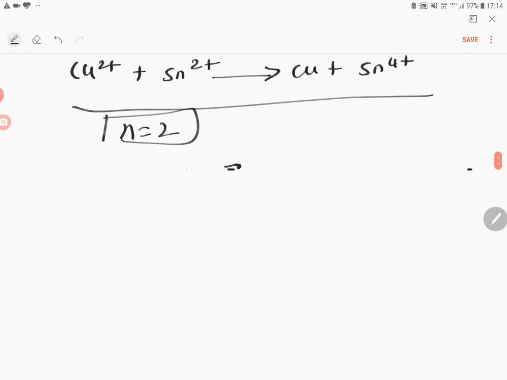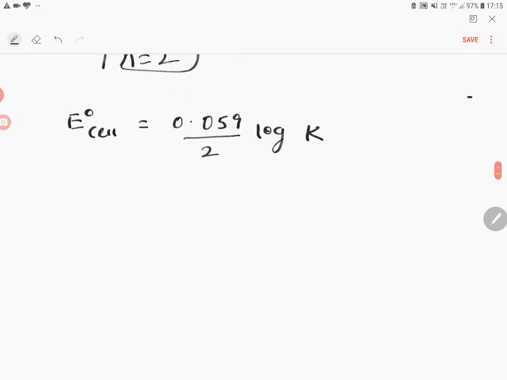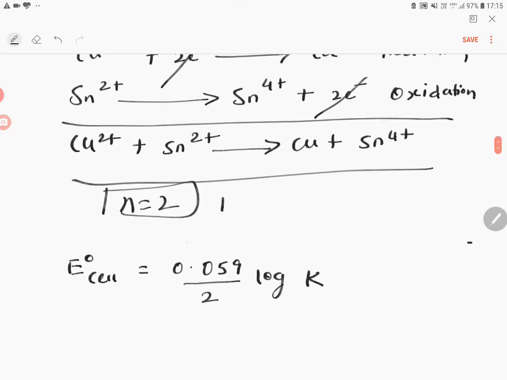Now, the relationship between equilibrium constant and E0 cell. So, E0 cell is equal to 0.059 by 2 log K. Here what is K from this equation?